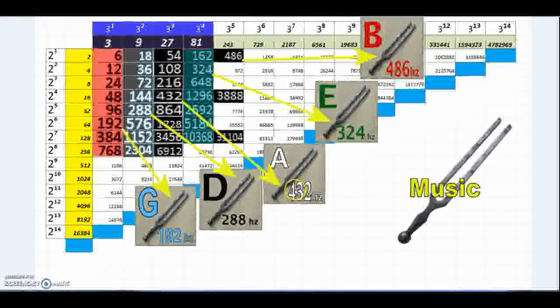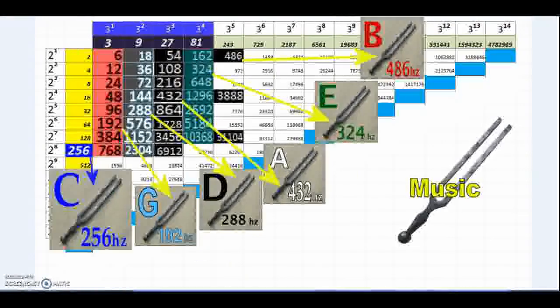And 234 is 3 to 2, and 324 to 486 is 2 to 3. So that same pattern, we get 256, C, 256, 3 to 2.